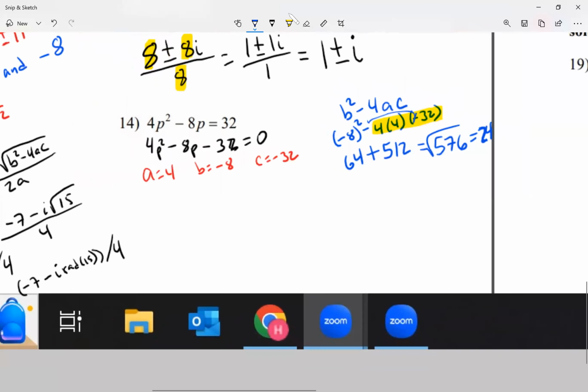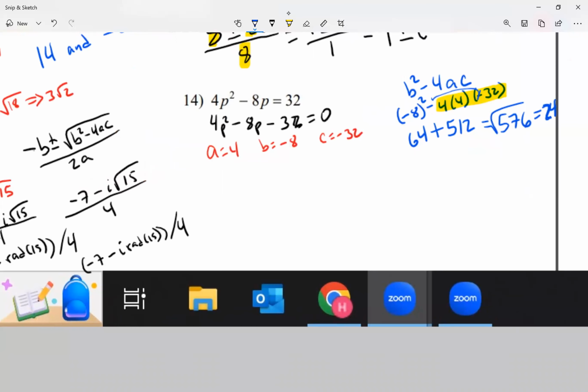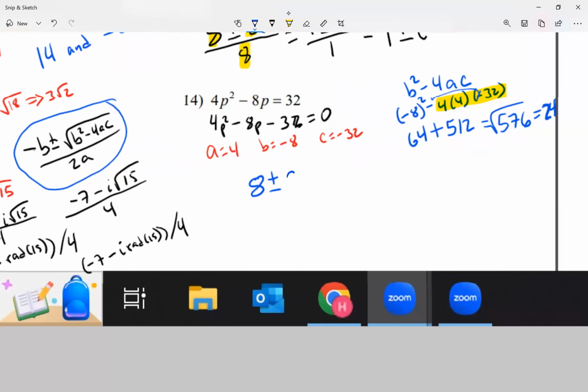Let me zoom out a little. Let me remind you guys of the formula. The formula is right here. So negative b, because b was negative 8, the negative of a negative is positive 8, plus or minus 24, all of this over 2 times a, so 8. Now this is going to simplify to 1 plus or minus 3 over 1.